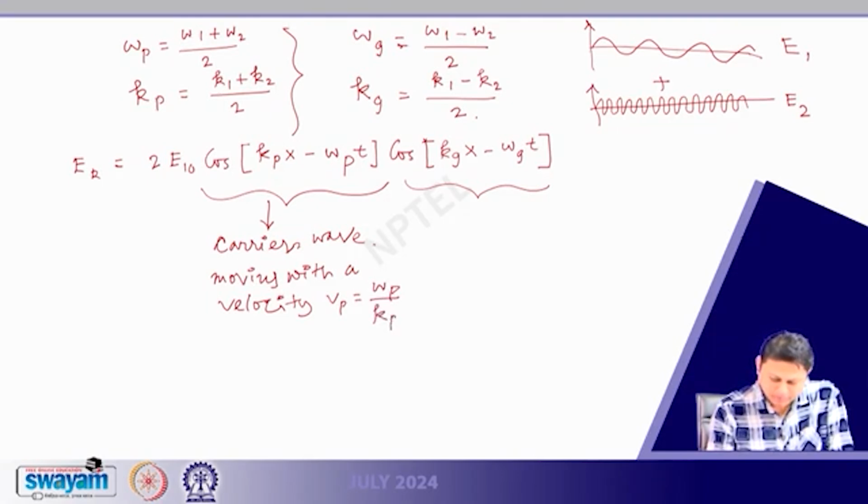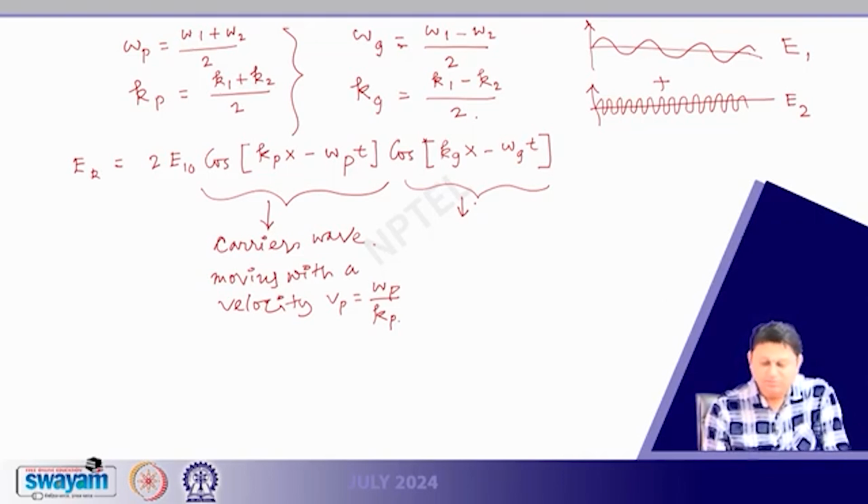This is the velocity at which this carrier wave is moving. Also, we have another part of this wave, which has a relatively lower frequency. If we look at omega g carefully, omega g is related to the difference between the frequencies of the two waves.